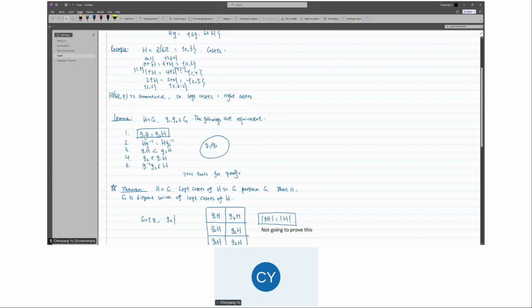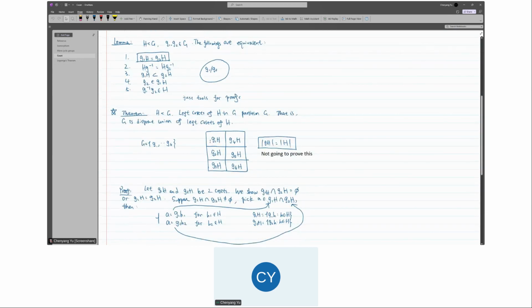You have to make one statement true for the others to hold. Usually we care about proving g1H equals g2H, so I box it here so I can pay attention.